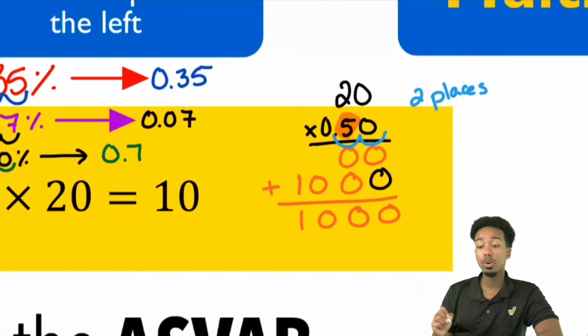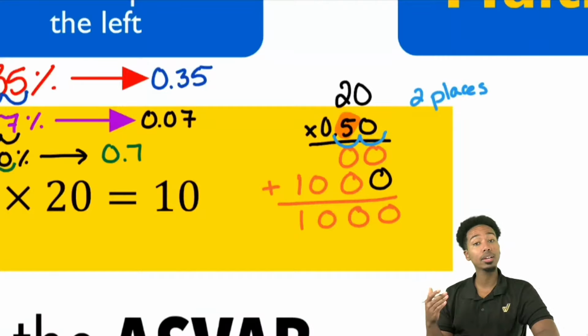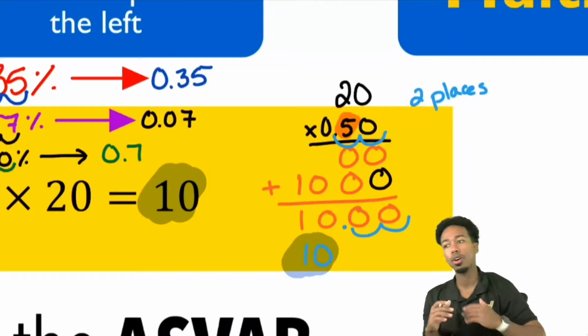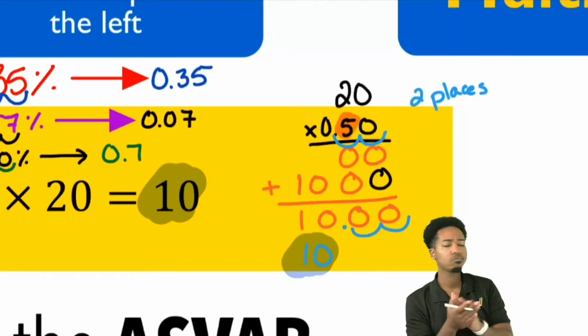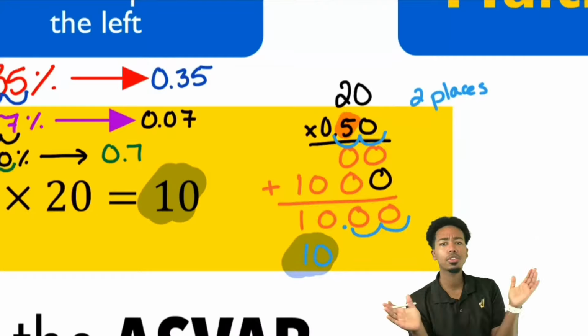So you're going to bring back 2 decimal places, just like this: 1, 2. And there it is. Your answer is 10. So when you're multiplying decimals, just multiply the numbers like normal and then bring the decimal places back. Yes or no, does that make sense?